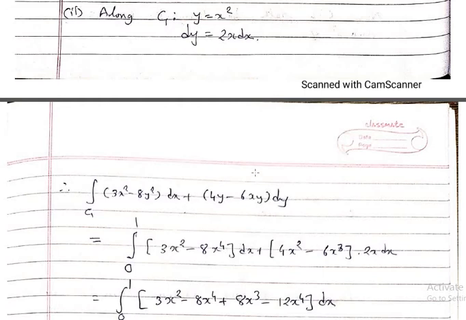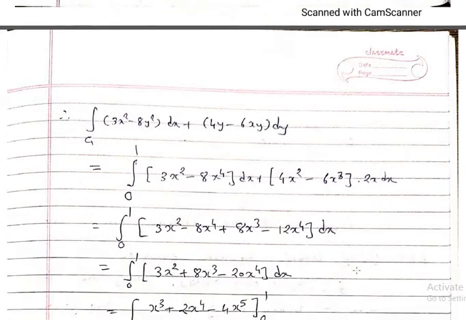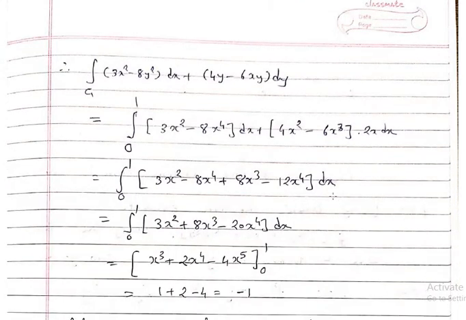Y is equal to x square, that means 6x into y will be 6x cube, and dy is equal to 2x dx. Dx common out and multiplying this 2x inside, that will give you 3x square minus 8x raised to 4 plus 8x cube minus 12x raised to 4 dx. Now simplifying, in terms of x raised to 4, minus 8 minus 12, that is minus 20x raised to 4.